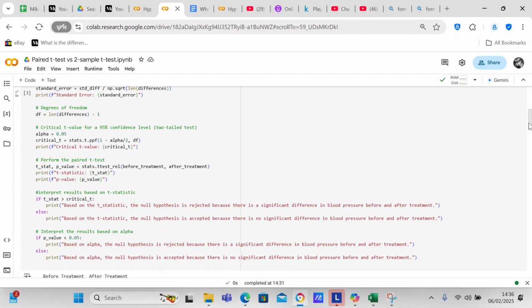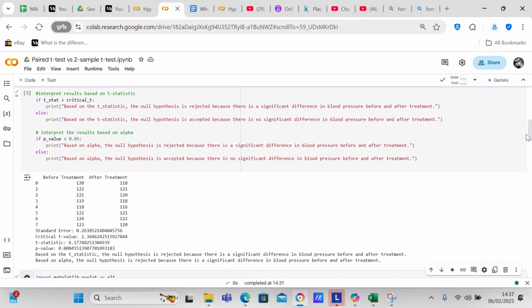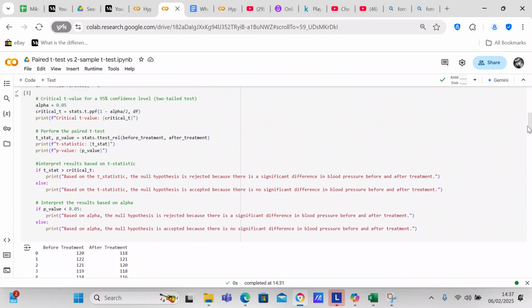And then we're going to calculate the critical t-value. You're going to have alpha, which is your significance level of 0.05. Critical t equals stats.t.ppf, that's the percent point function, of 1 minus alpha divided by 2, and df. Then you're going to print your critical value, which is 2.36.